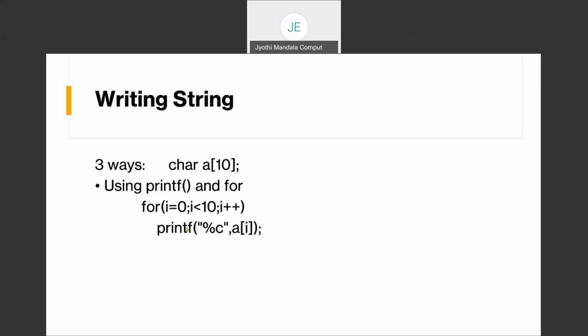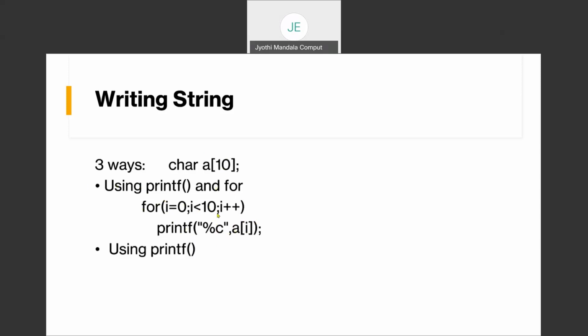I think you are all clear with this. Why? Because for displaying a one-dimensional array, do you remember when we worked with matrices or single-dimensional arrays, we used a for loop, repeated up to the size, and printed the individual element. In the same way we can do it with the character array also. This is the first way, the normal way.